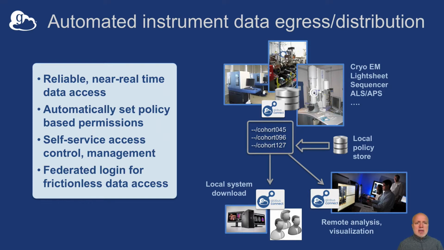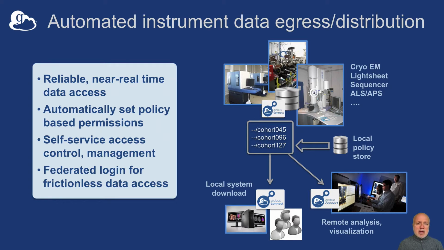So they give me a set of samples to sequence, or they bring some tissue to put through some high resolution X-ray beam, and the data that gets generated then needs to be pulled off the instrument, moved typically to some other type of storage. Then we need to set policies about who can access that data, such that those researchers and their collaborators can come and find it and do analyses and perhaps share it with the broader community. So it's a very common design pattern, and there are a number of capabilities that are required for this.